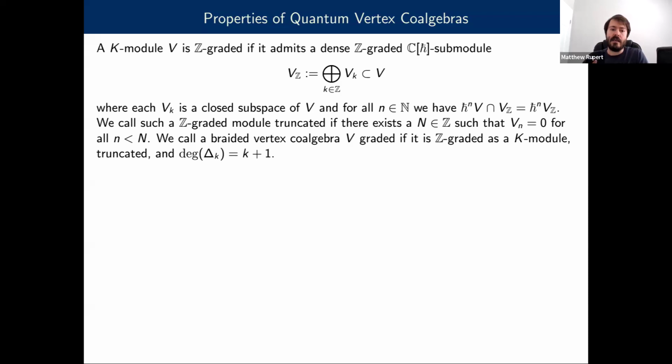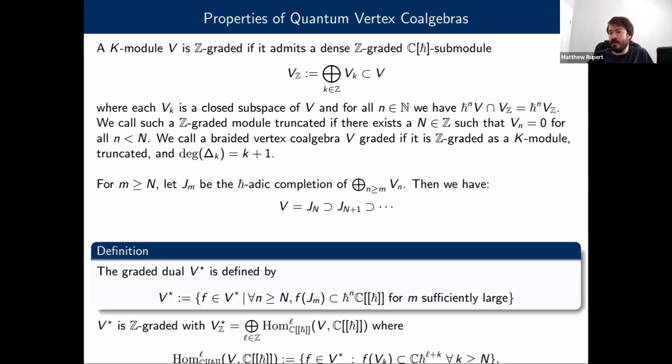A K-module V we call Z-graded if it admits a dense Z-graded submodule, and we'll call such a Z-graded module truncated if it's truncated below. We call a braided vertex coalgebra graded if it's Z-graded as a K-module, it's truncated, and the delta_k operators appearing in the state cofield correspondence have degree k plus 1.